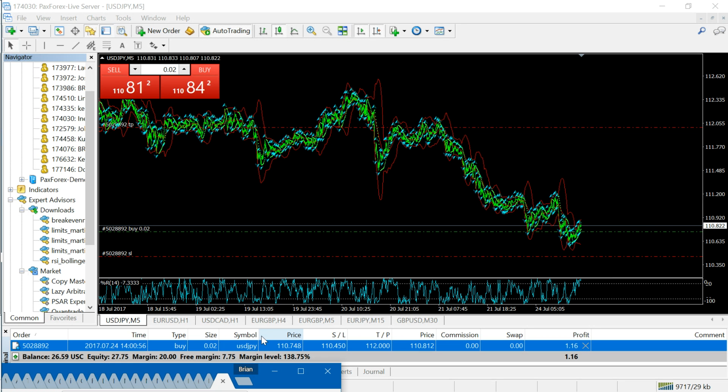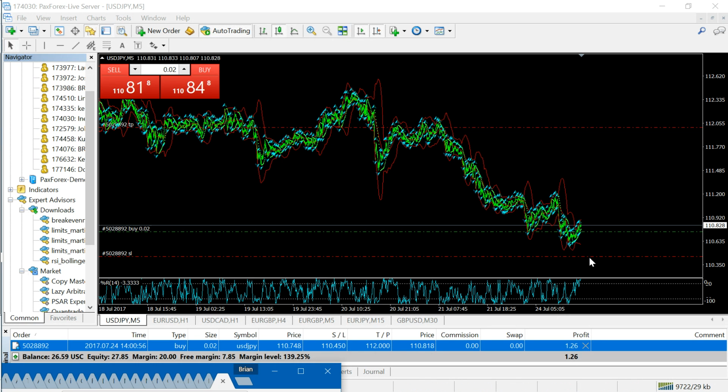Now, here's an example. We're talking about $26.59 here. And one of the things that I love about MT4, which I used to hate by the way, is the scripts and some of the programs that come with it.